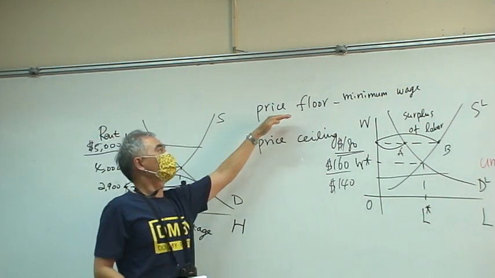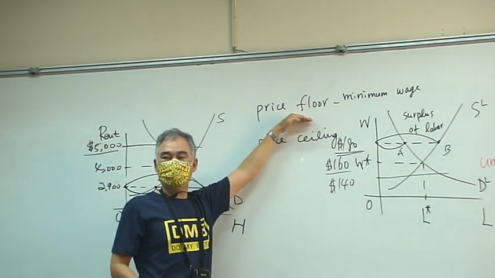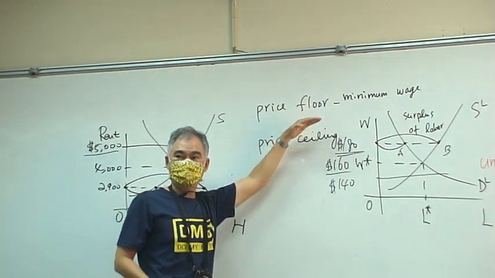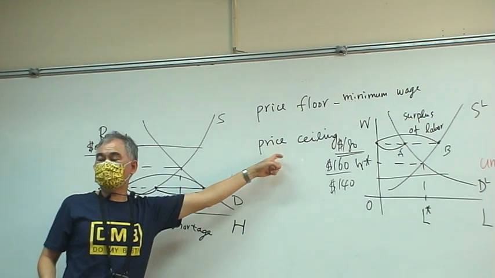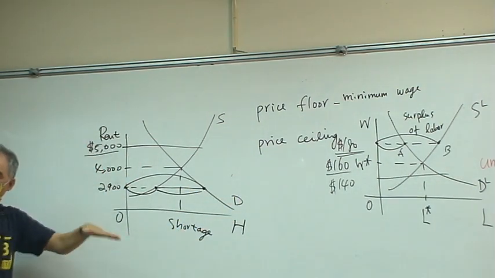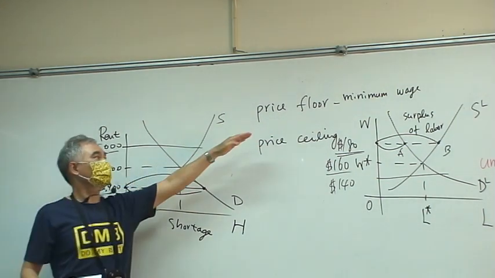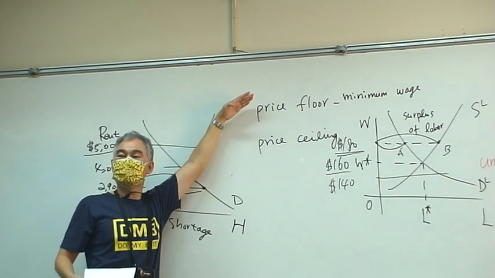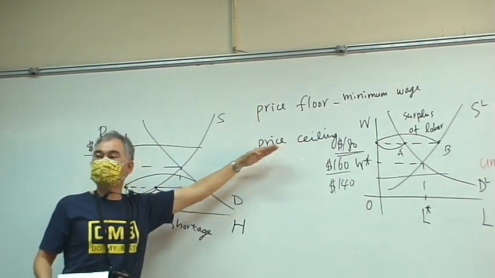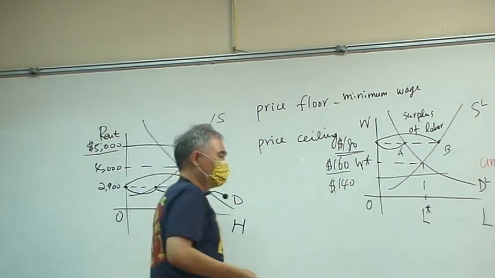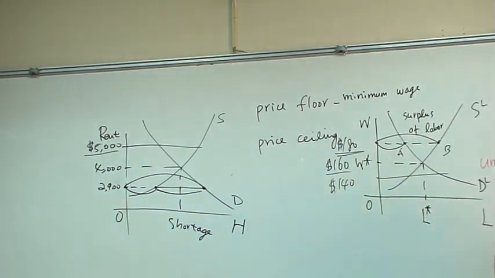So for a price floor to be effective, it has to be higher than the equilibrium price. For a price ceiling to be effective, it has to be below. So it's kind of ironic or twisting, because a price floor has to be high to be effective. A price ceiling has to be low to be effective. Okay, we probably are done with this.